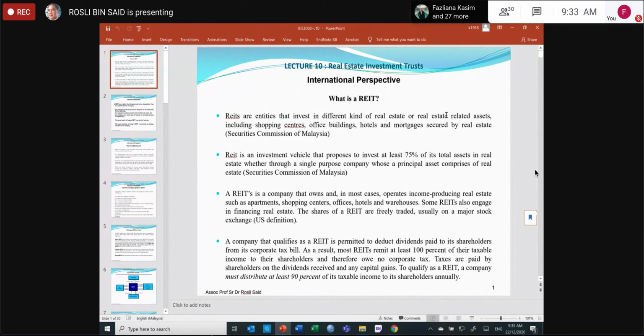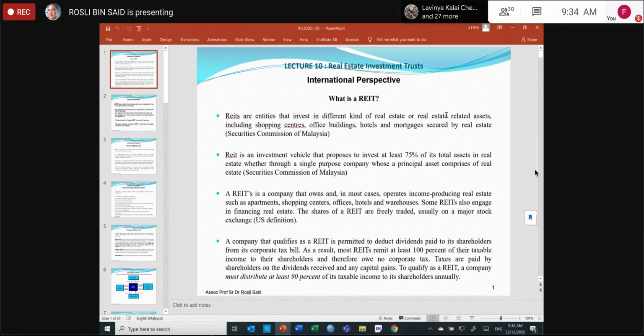The private debt securities, we cannot purchase in bulk. So normally institutional investors do. If we really want to purchase, we have to approach a broker as well. So the way that they work is basically the same. So that is about REITs.